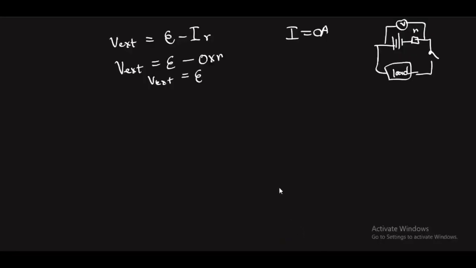Let's go back here. Now, if I is not 0, we know that I will not be negative, it will be positive. So EMF minus a positive value IR implies that there are volts which are lost, because we know that V external is equal to EMF minus V lost.